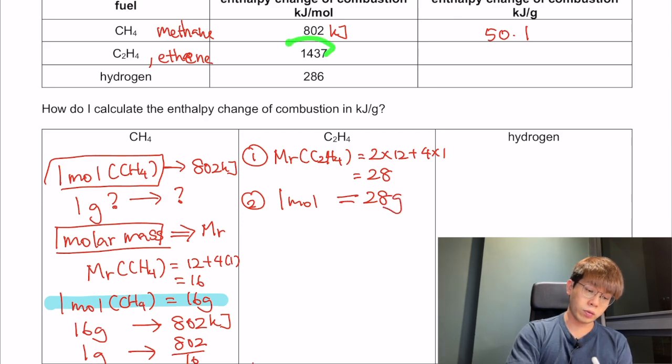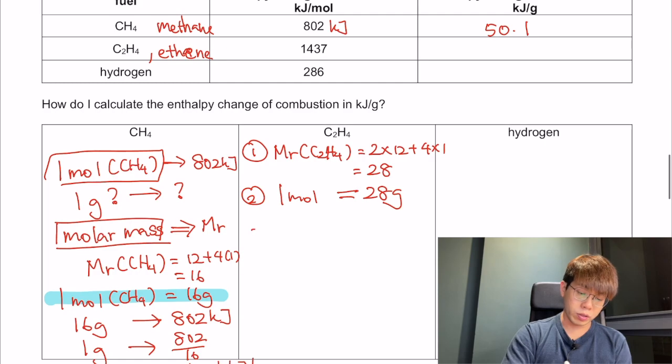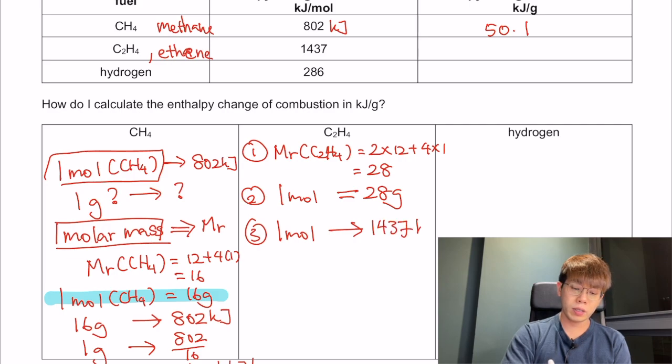Now, taking note over here, step number 3, I also know that 1 mole of ethene will produce 1437 kilojoules. Okay?